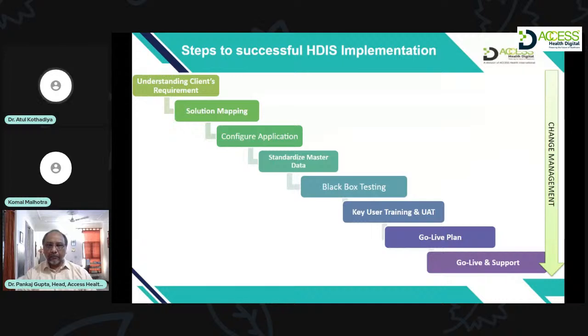Why did this happen? Because the SRS document was prepared by sitting in a room instead of going to the end user to understand their processes. This was very important. So the first important stage in any implementation is to gather the requirements. Because we had a very well written SRS document, we just took it blindly that these were the requirements.